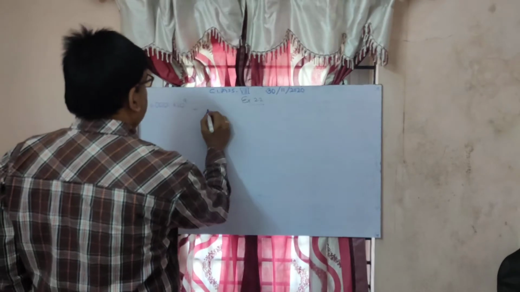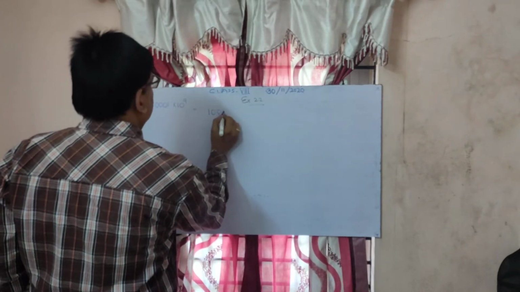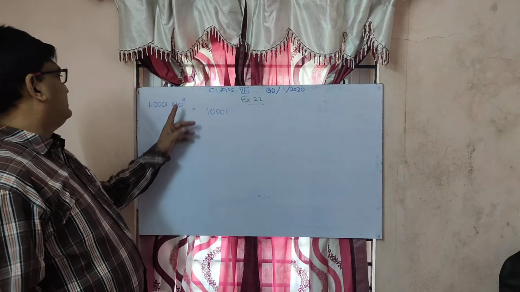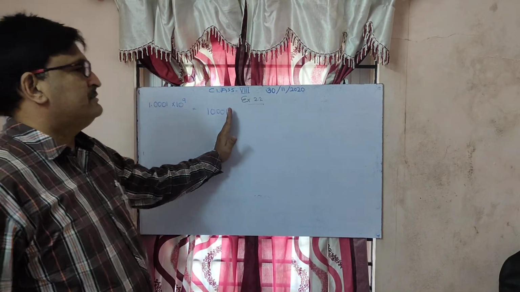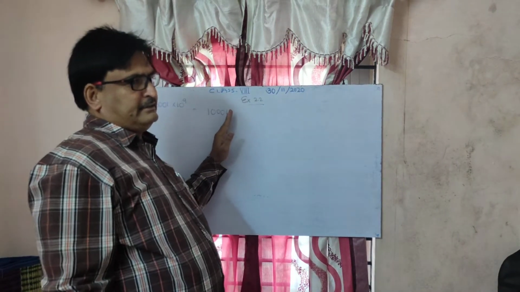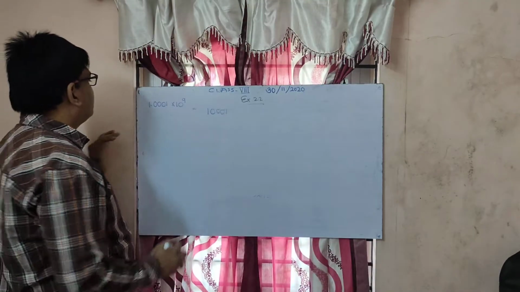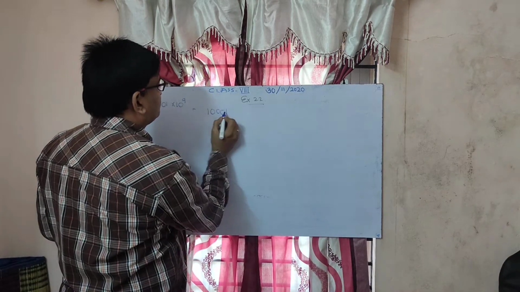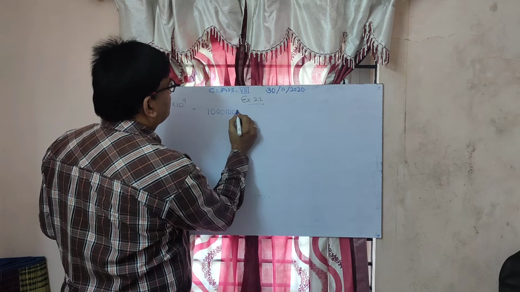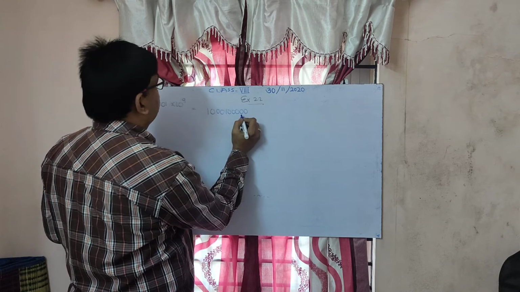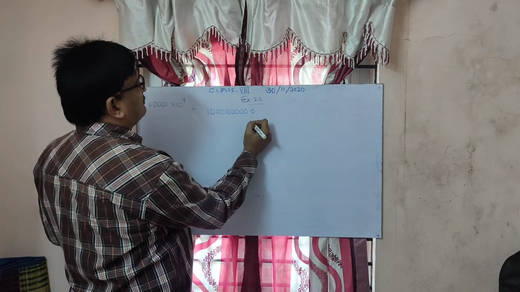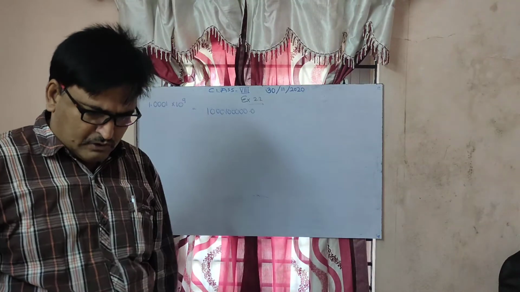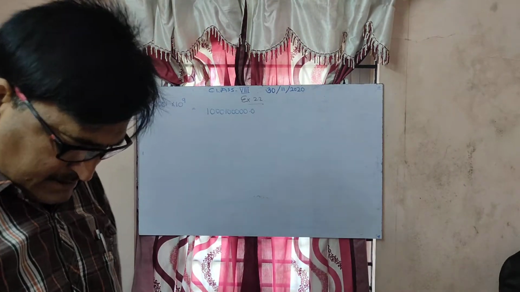First write the number whatever is given, 1 0 0 0 1. If the power is positive, the zeros will come on the right side. The point is here, count 1, 2, 3, 4, so 1, 2, 3, 4, 5, 6, 7, 8, 9. You can write point 0 if you want, otherwise there is no need. This is how you have to write it.